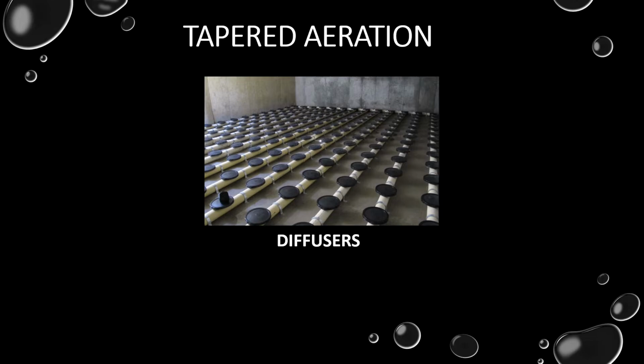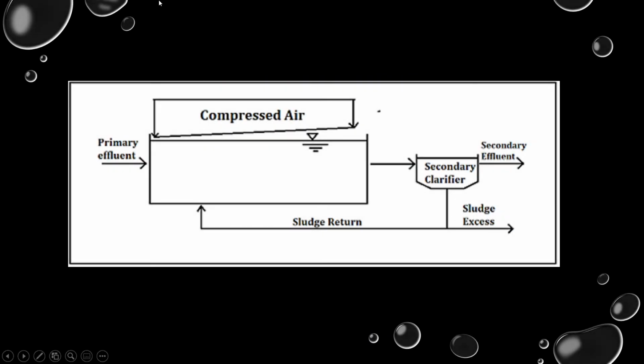So the difference consists of adjustments of the air diffusers. So the diffusers are close together at the inlet where more oxygen is needed. Ito nga, no? And towards the end of the aeration basin, the spacing of the diffusers is increased.